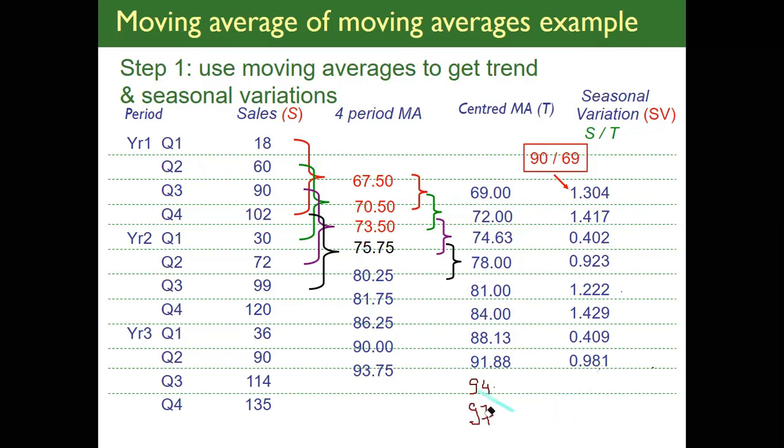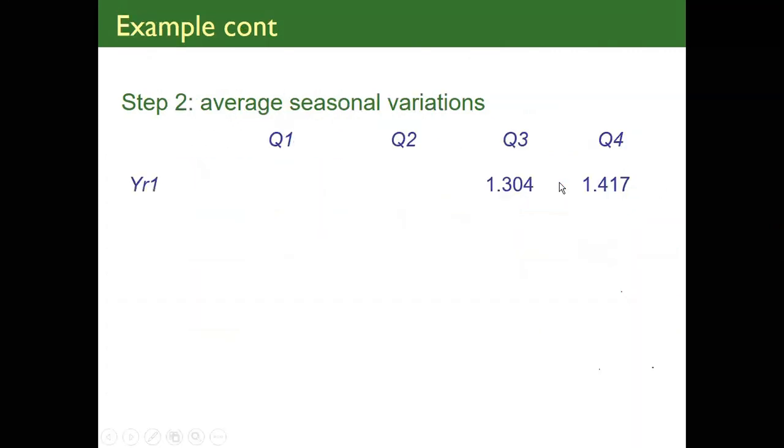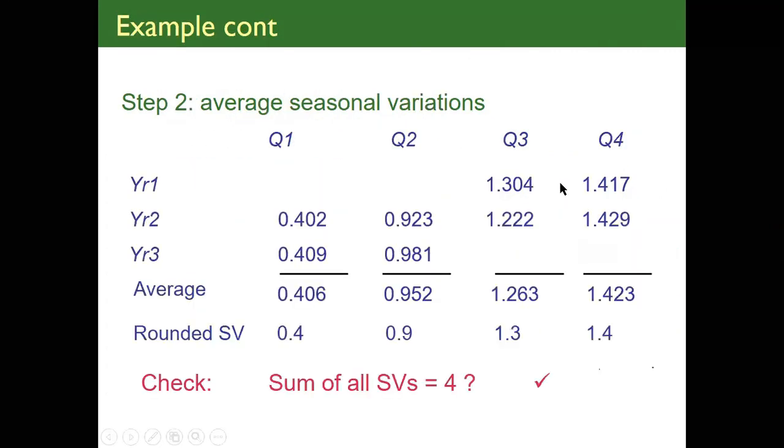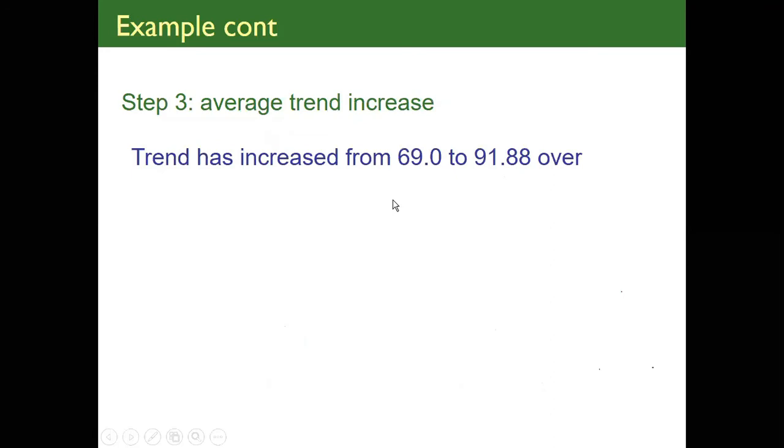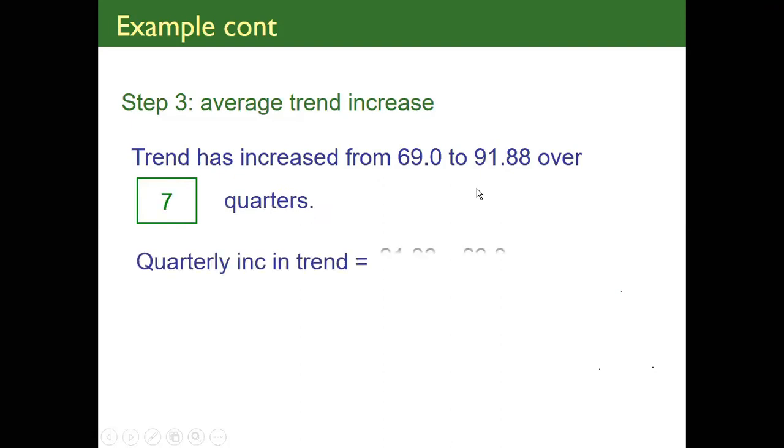So we go back there to calculate the average trend. We say that the average trend increases. Trend has increased from 69 to 91.88 over 7 quarters. So we can say that the quarterly increase in trend is approximately 3.